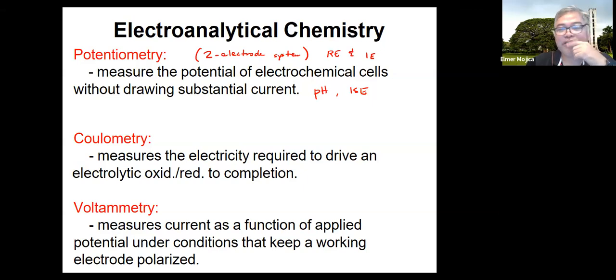So what do you think happens if you put your pH meter in an alkaline solution? What happens to the potential? Anyone? Hello?